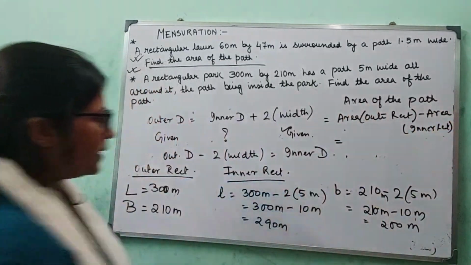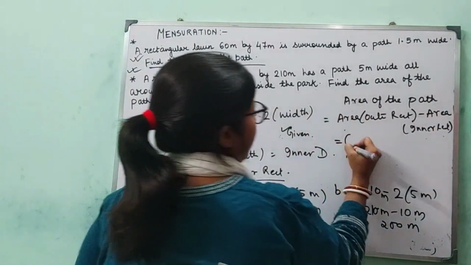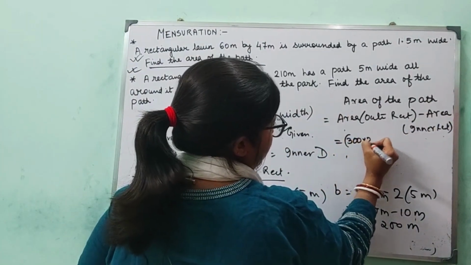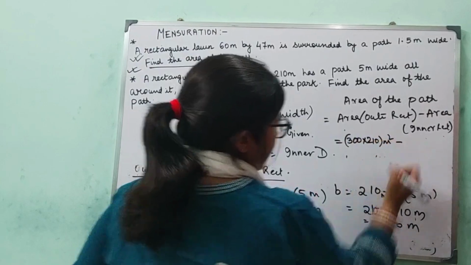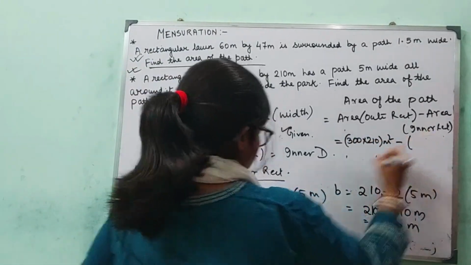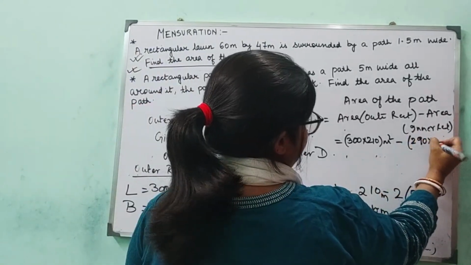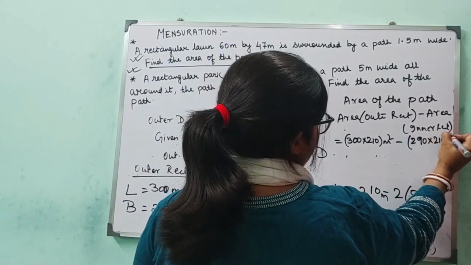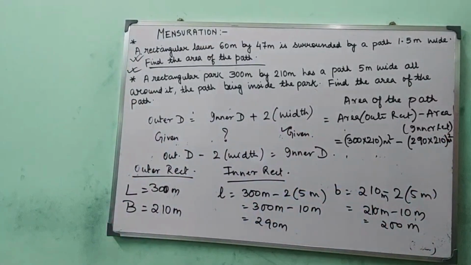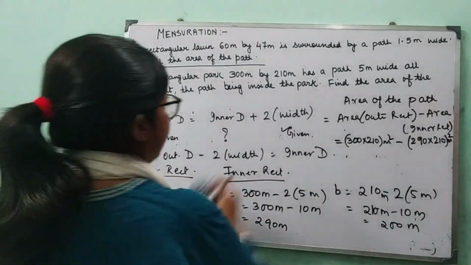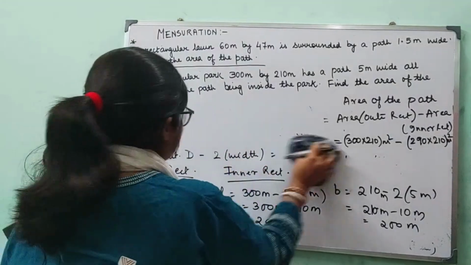Outer rectangle has dimensions 300 into 210 meter square, minus the inner dimensions, 290 into 200 meter square. I'll just clear up the board a little bit so that you can properly view this.